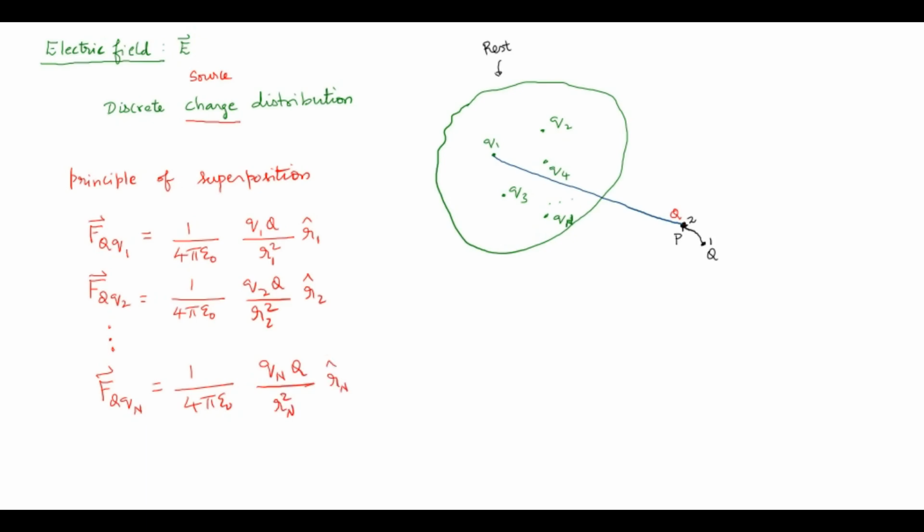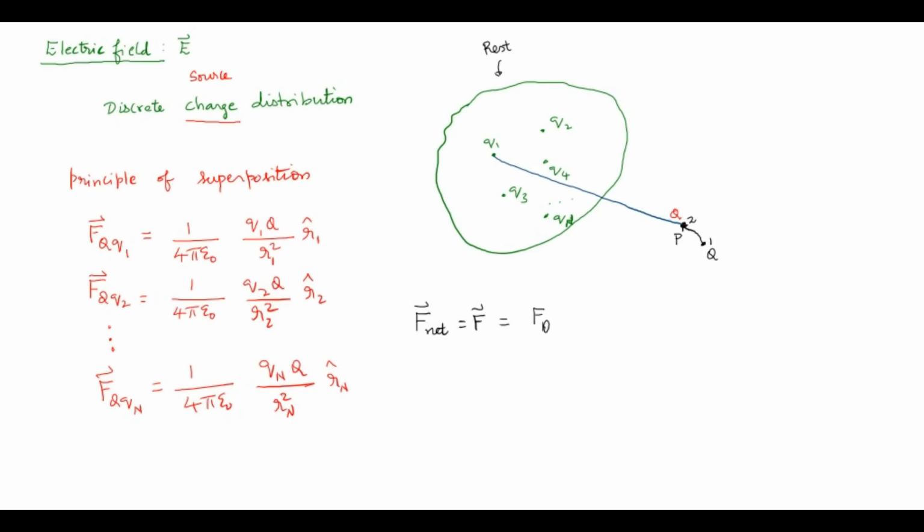Now what does the principle of superposition say? The net force F net, that is the total force acting on the test charge capital Q, is equal to the sum of these forces. So I can add these forces, that is the principle of superposition.